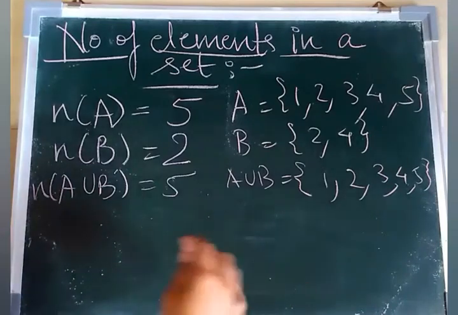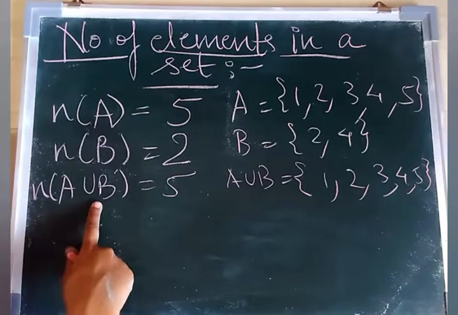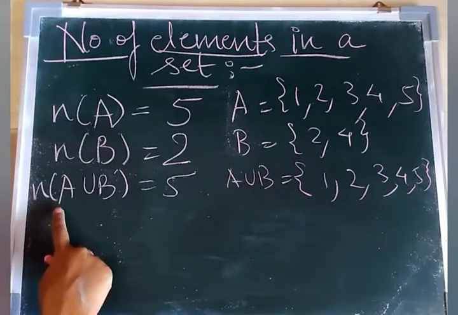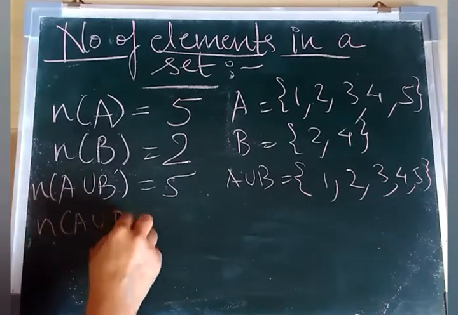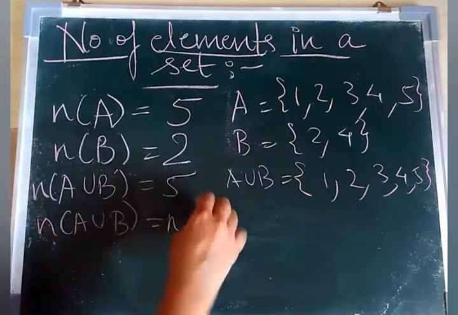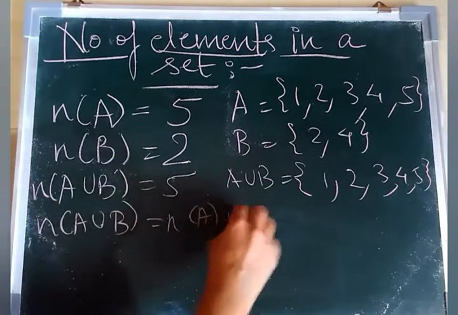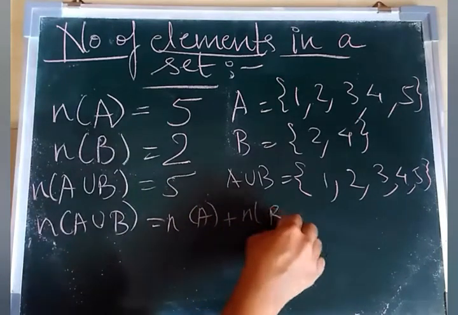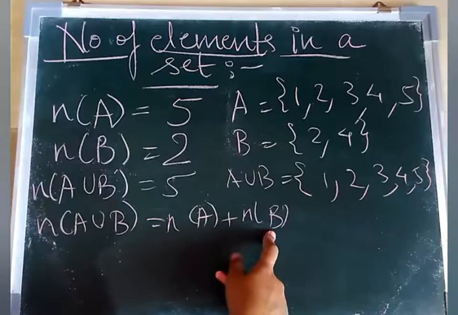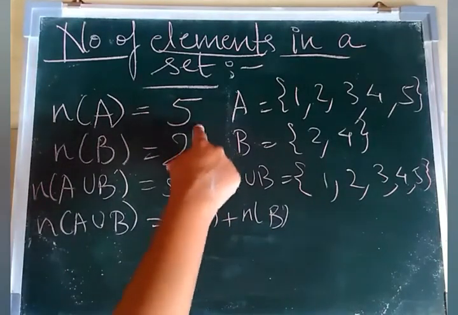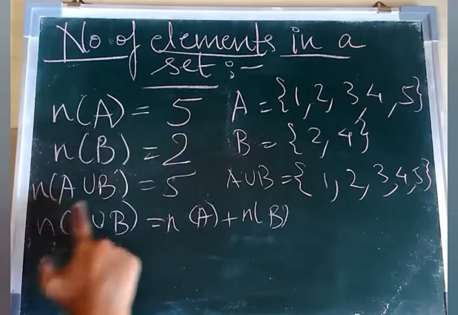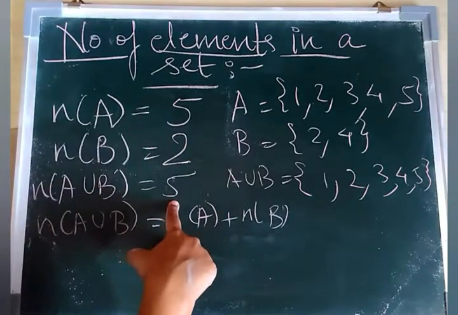Whereas if we think A union B is the set of all elements in A and B, this should have been equal to n of A plus n of B. But why is that not true? Because n of A plus n of B in this case is 7, whereas n of A union B is just 5.